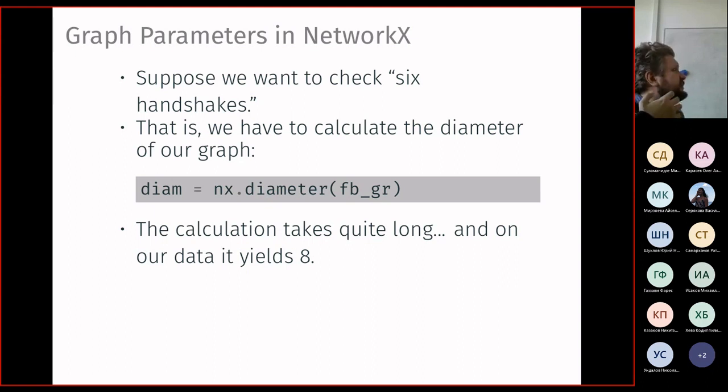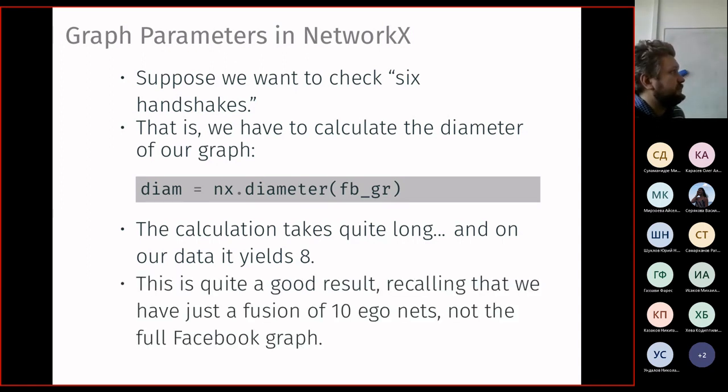We will not discuss what eccentricity is, but it's useful for computing the diameter. And then it yields the output 8. Well, it's not 6, but the problem is that it's not a real friendship graph. You have only ego networks, and there could be shorter connections which go outside this subgraph. It's quite a good result.